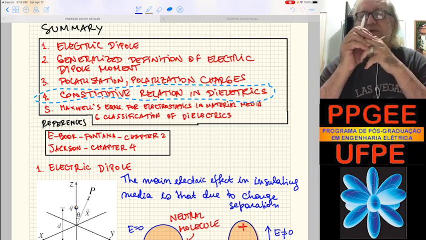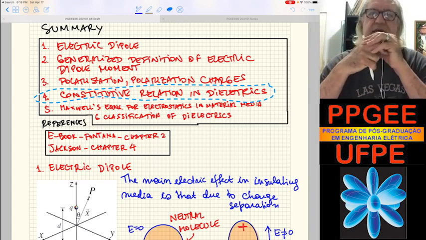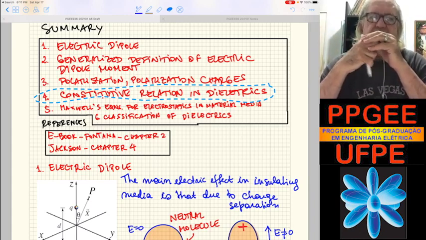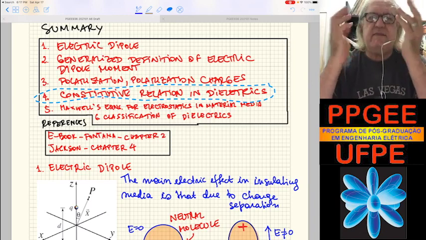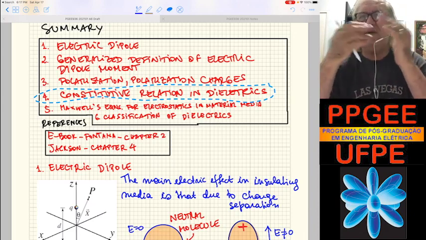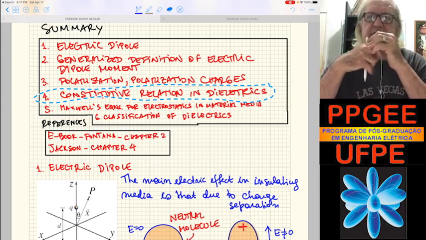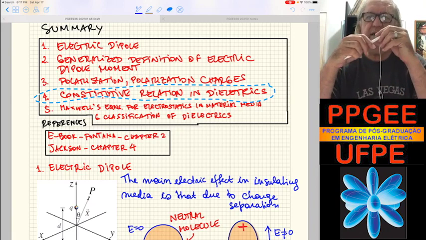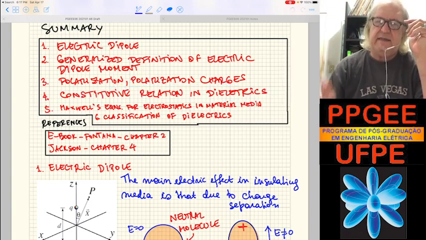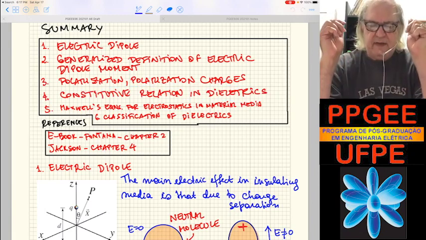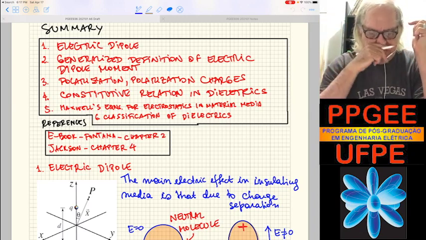We are going also to study conductors, so we're going to have another constitutive relation, but we'll see at the end of this course that we can put all the properties, at least electrical properties, together in a single constitutive relation that's concentrated in the permittivity of the material for linear materials. So we'll see that these things are easily interpreted after we have all the quantities well defined and well understood.